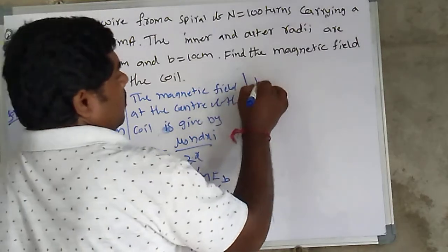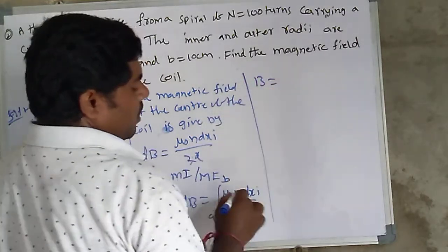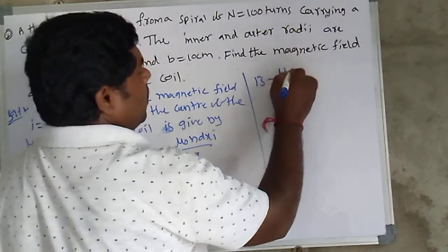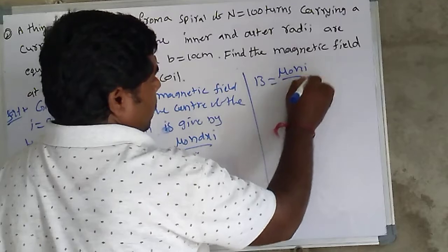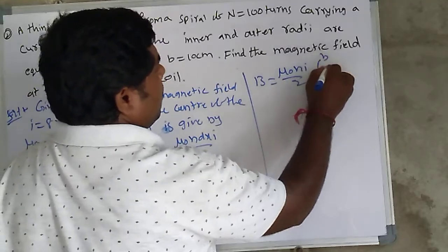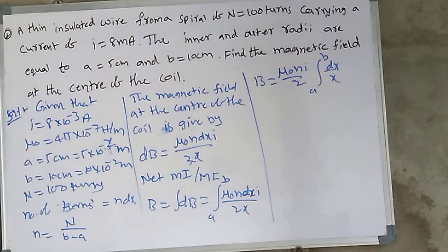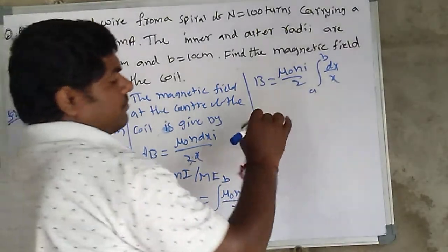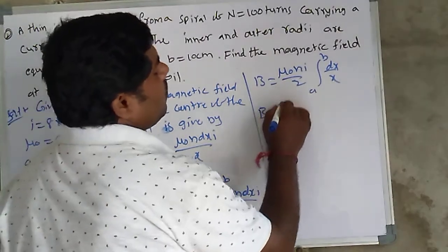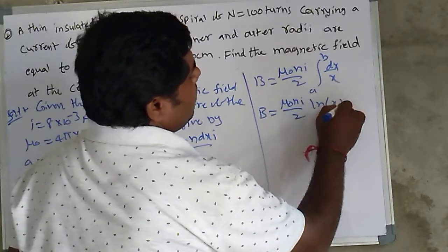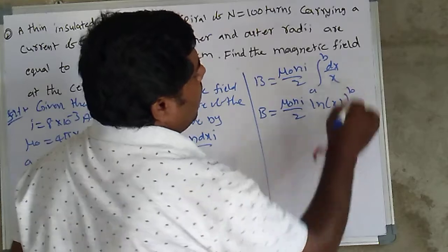So here B is equal to mu naught n and I also constant, these two are constant. You may write them out of the integral, divided by 2, integral a to b dx by x. Integral of dx by x is nothing but log x. So B is equal to mu naught n into I divided by 2 into log of x, lower limit, higher limit.